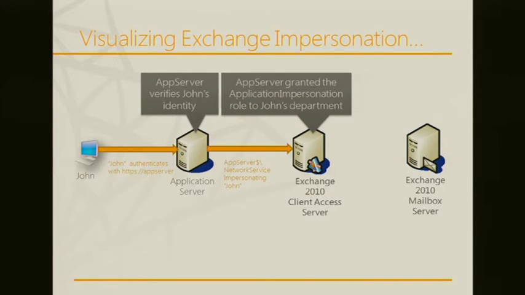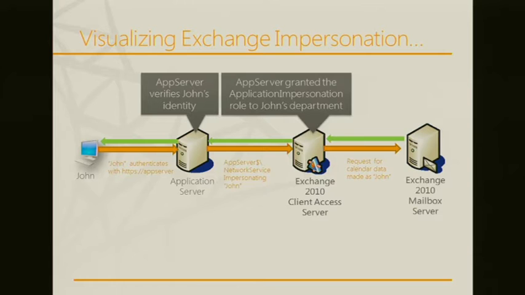Then the cache server will create a role for that app server and give it specific permission to do impersonation. So the application server is accessing the mailbox on behalf of that user through impersonation.